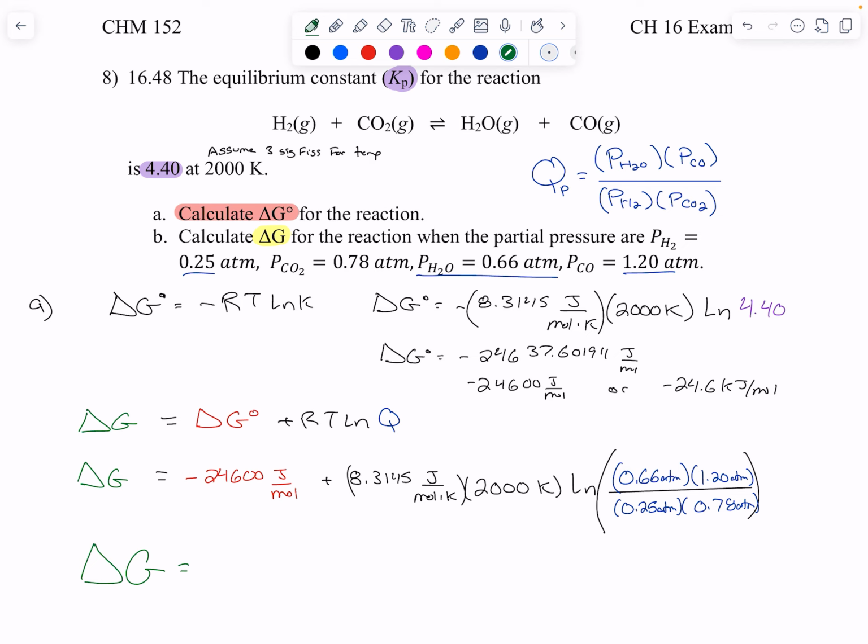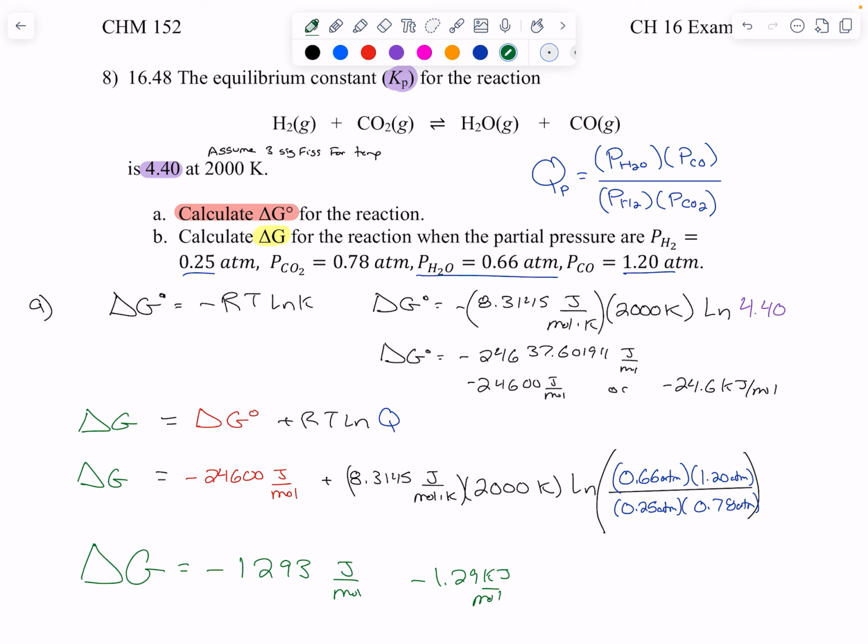I got, let's see, did I do my numbers right? Negative 24600, 8.3145, 2000, 0.66, 1.2, 0.25, 0.78. I got negative 1293, which is the same thing, joules per mole, which is negative 1.29 kilojoules per mole. All right, that's what I got.